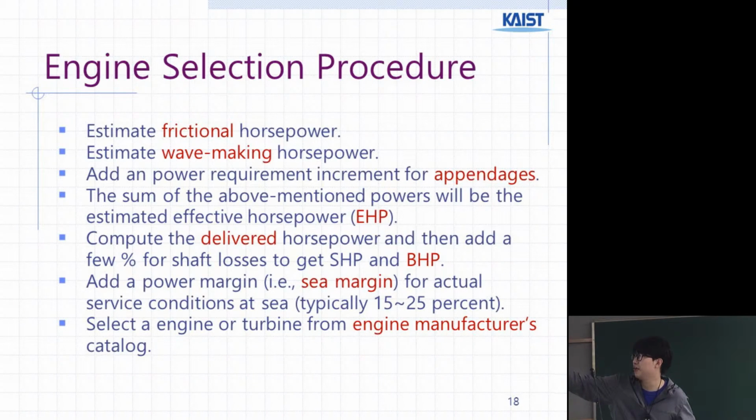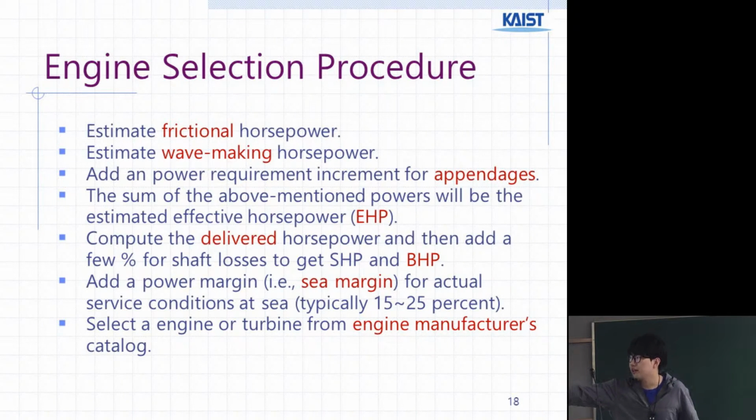The sum of the above powers will be the estimated effective horsepower (EHP). We should then come to the delivered horsepower and add a few percent for shaft losses to get SHP and PHP. SHP and PHP will be on the next slide.